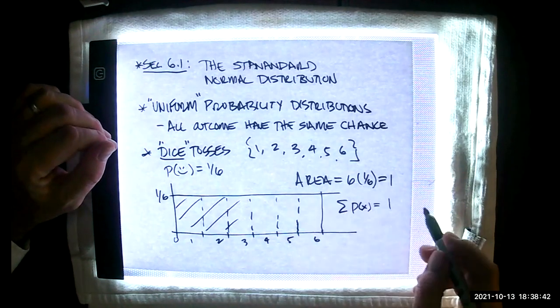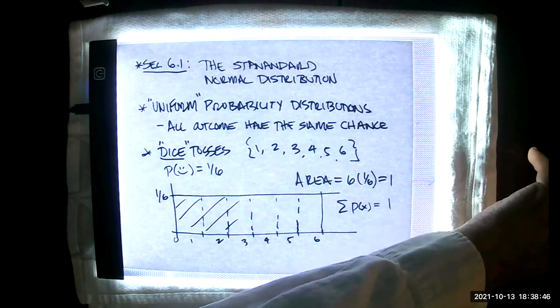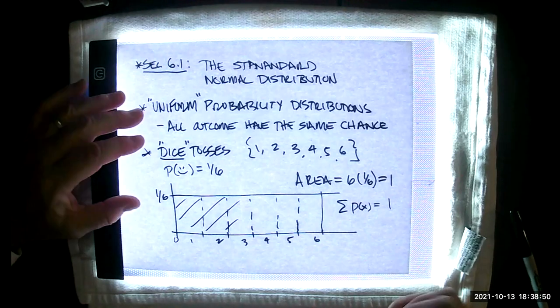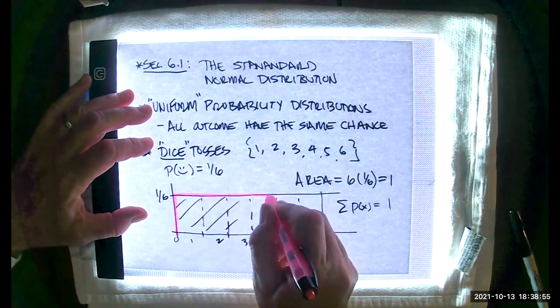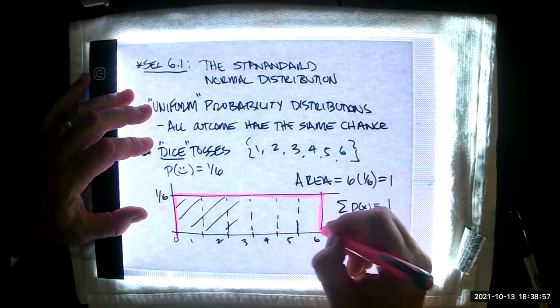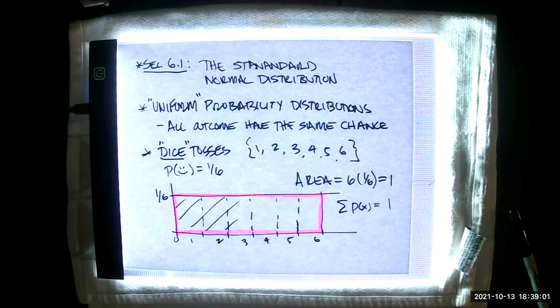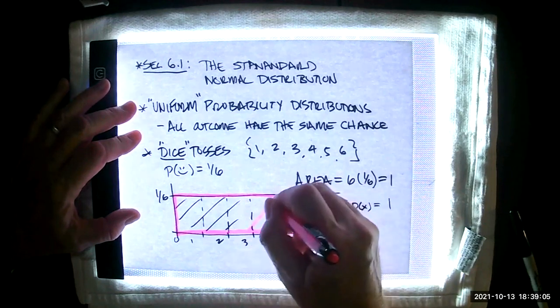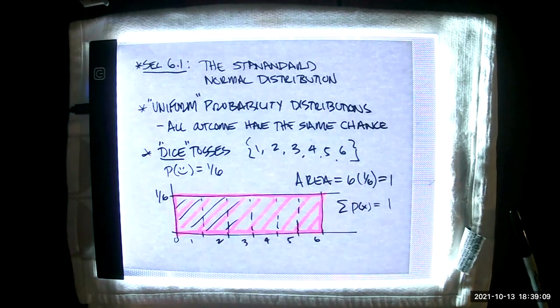So the notion of area and probability is really pretty much a useful observation. So what we really want to be able to do is to consider area as, and the fancy word I used last night is proxy, area as a proxy for probability. So we have the area of the entire rectangle is equal to 1.